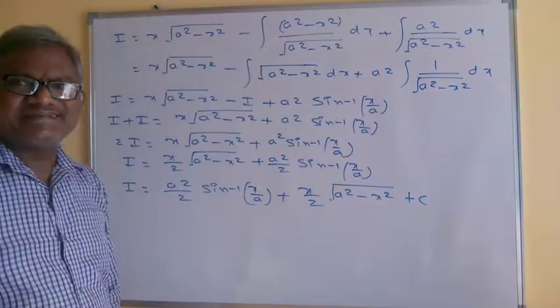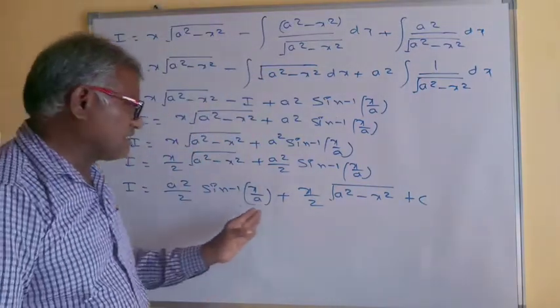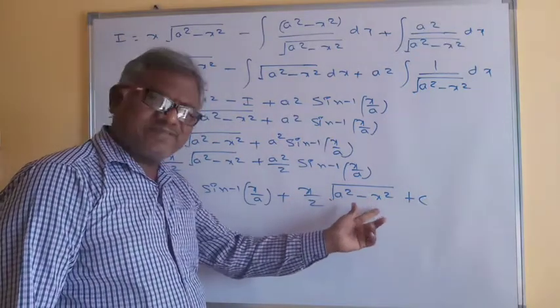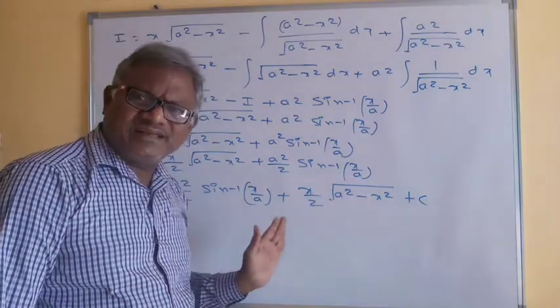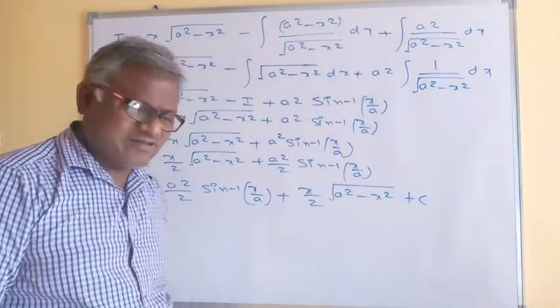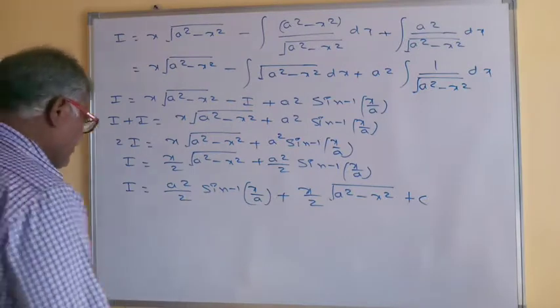Okay, plus c. So you have to remember this formula. In this formula, the last term should be the same. Whatever the integrand, that should be the same one, root of a square minus x square. Okay, here is the formula.